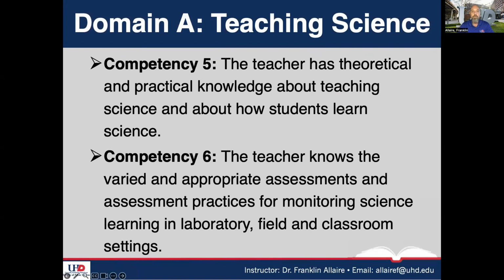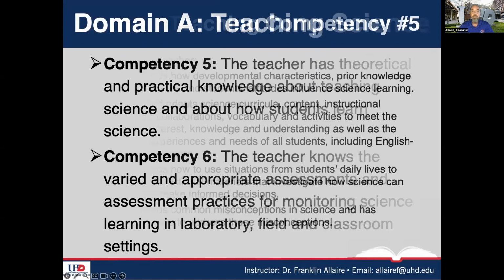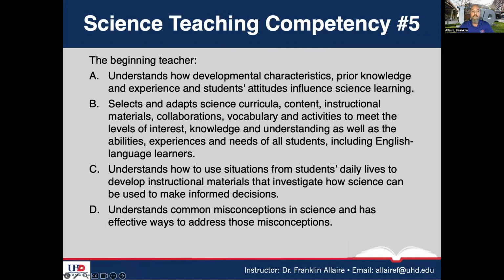field, and classroom settings. As we've seen in the previous two modules, both of these competencies are broken down into sub-competencies. The sub-competencies for science teaching competency number 5 are: the beginning teacher understands how developmental characteristics, prior knowledge, and experience and students' attitudes influence science learning.